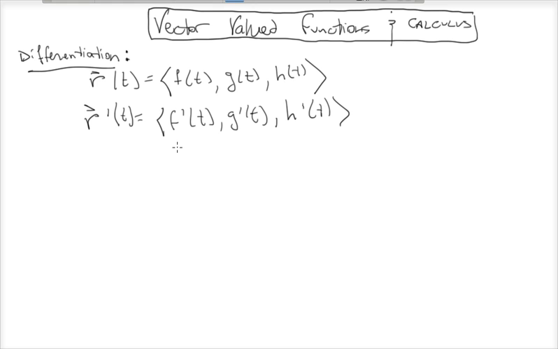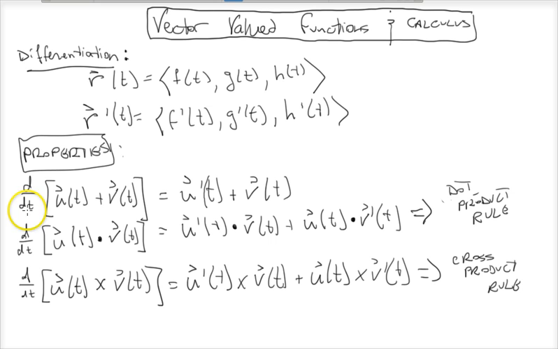However, one interesting thing about differentiating vector-valued functions is some of the properties. For example, the product rule applied to either the dot product or the cross product. So let's talk a little bit about the properties of differentiating vector-valued functions.